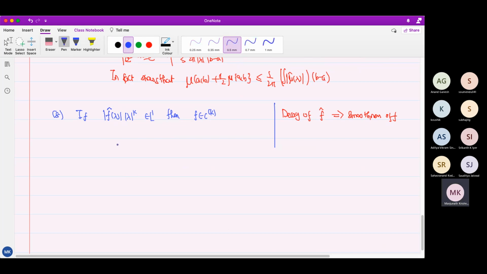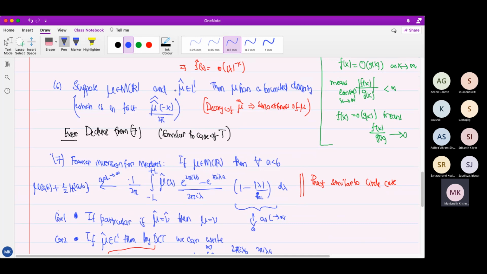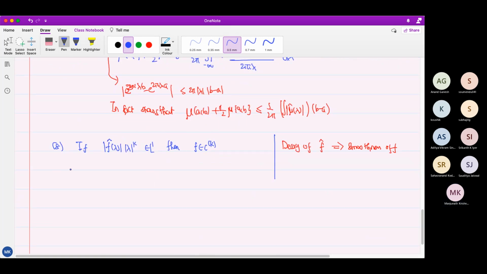Now why such things are true? It's not hard actually. So why is f smooth? Yeah, this is where the Fourier inversion will come in. So we said that if f hat is in L1, so maybe I state the first one again.